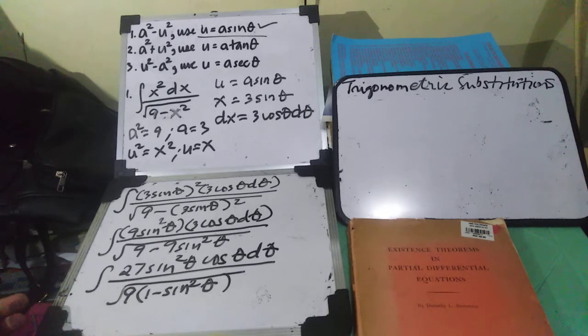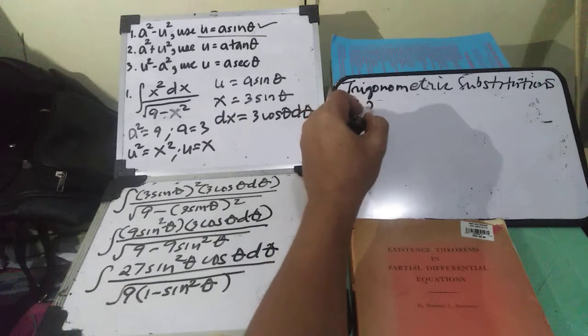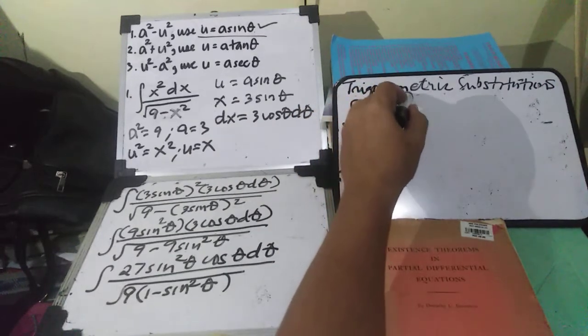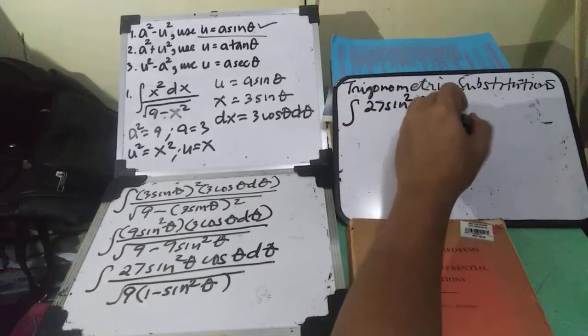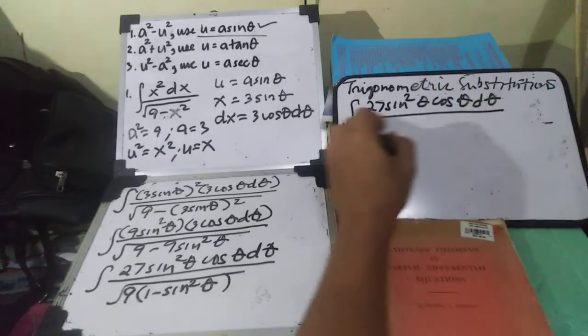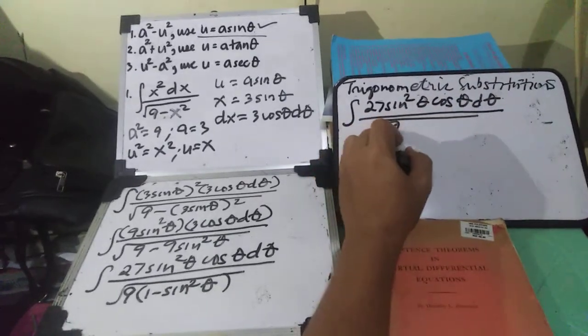As you can see, the denominator can be simplified using the identity for 1 minus sine squared theta, which is equal to cosine squared theta.